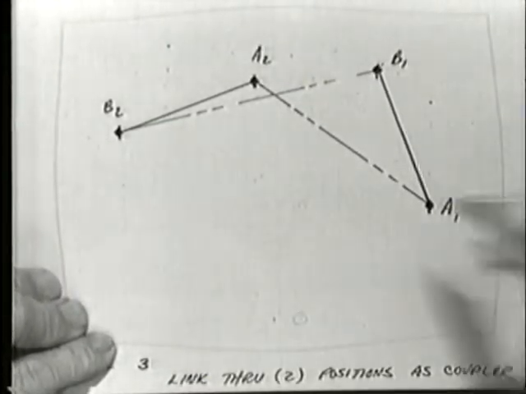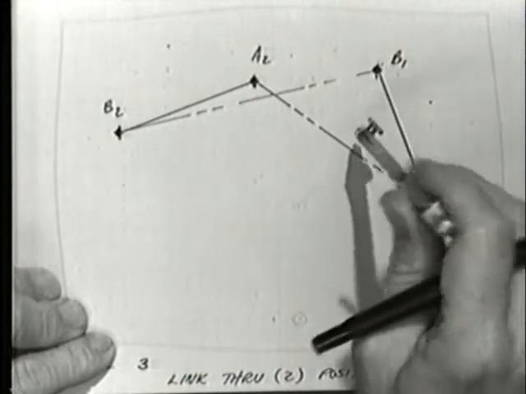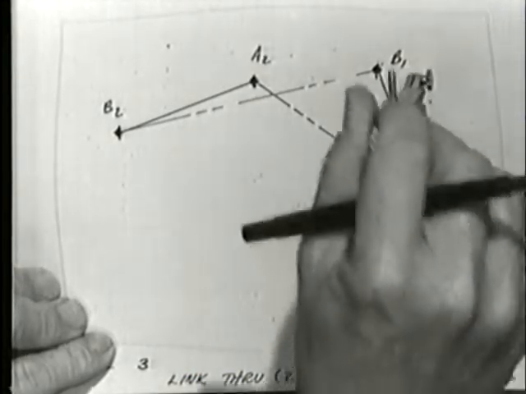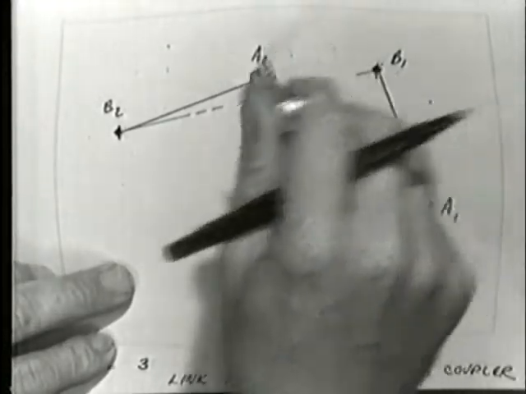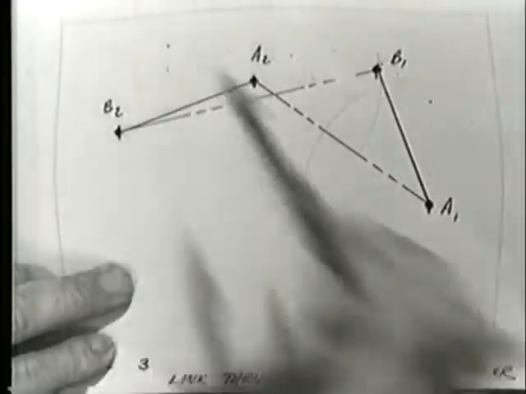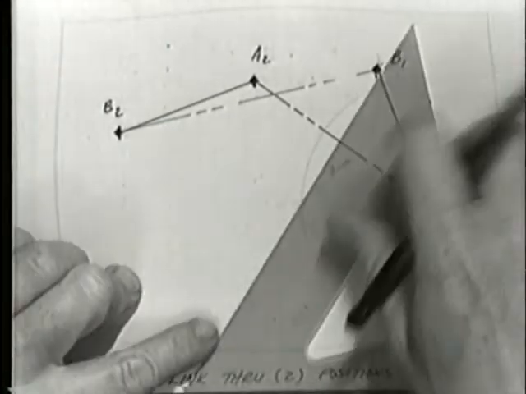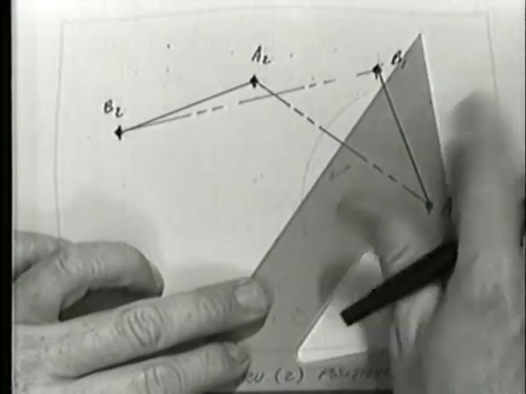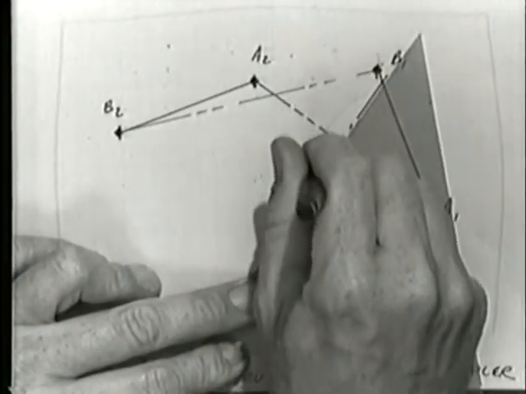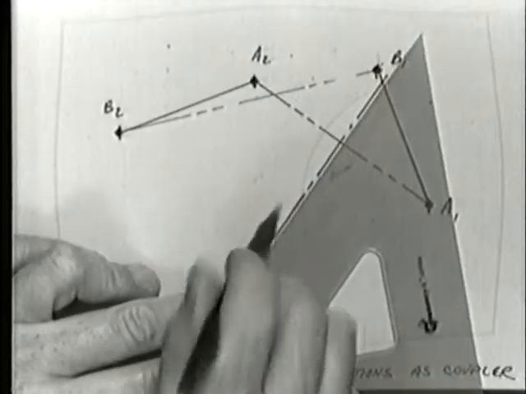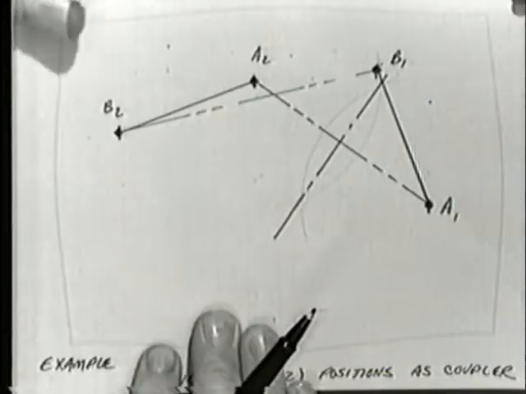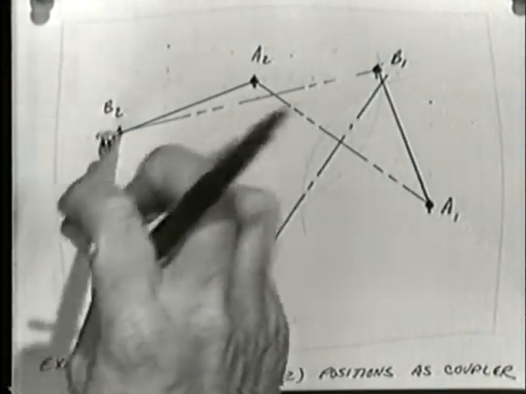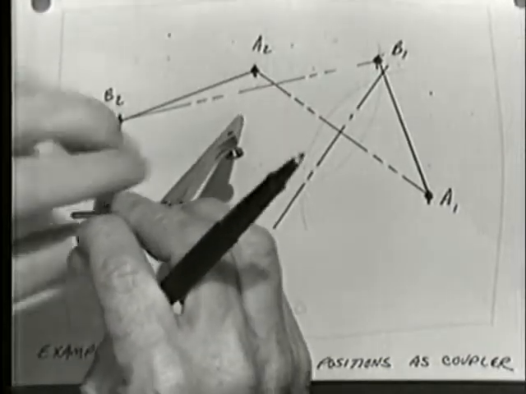Now I'm going to find the perpendicular bisectors of each of these lines. In this case, the perpendicular bisector of A1, A2. Which is along here. And by the same technique, I'm going to find the perpendicular bisector of B1, B2.